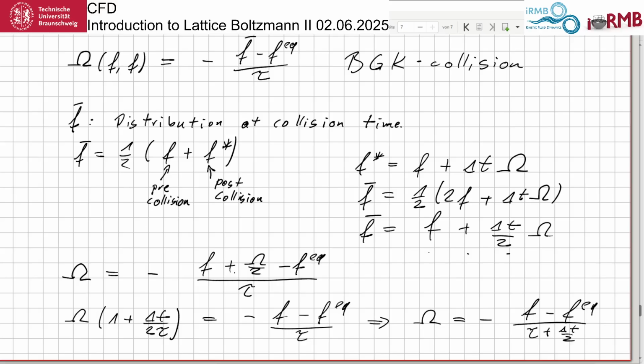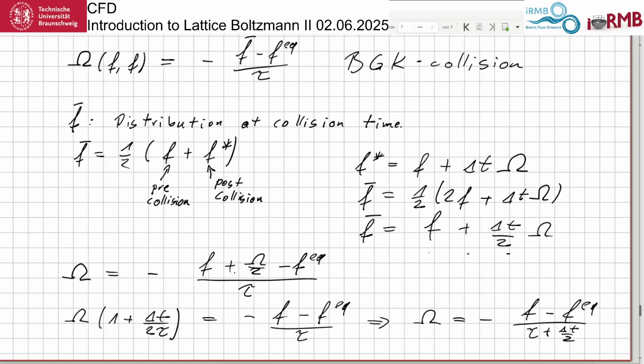So what you wrote in this equation is not omega delta t by tau, right? The second last: this f plus omega divided by 2 or delta t divided by 2 minus f eq.